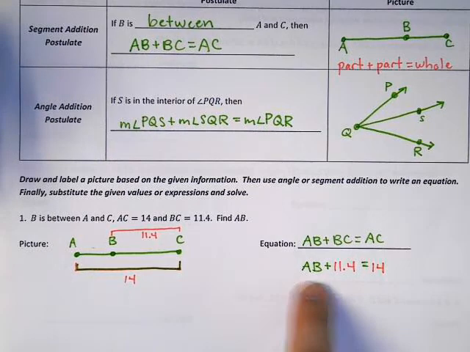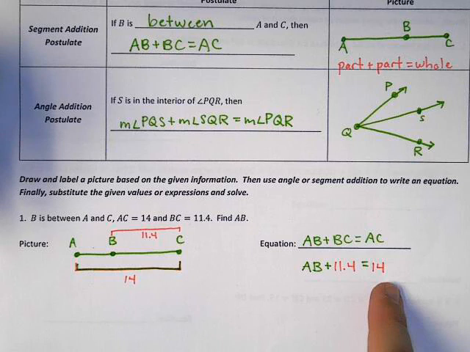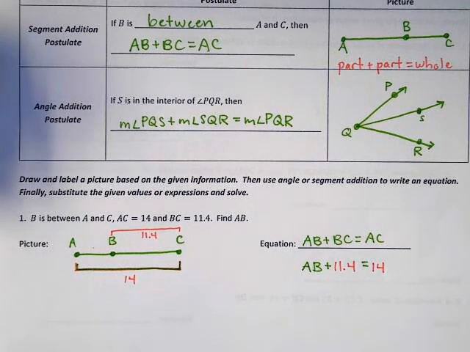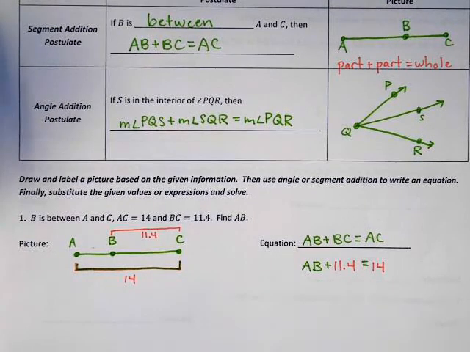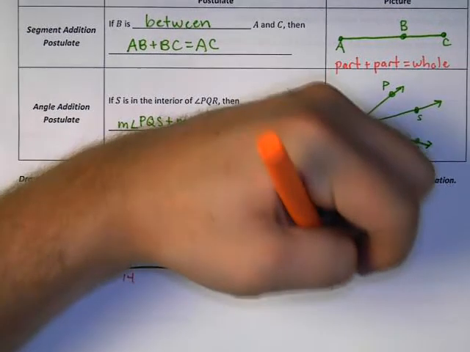So, oh my gosh, what do we have here? We have an unknown, or a variable, plus 11.4 is equal to 14. Oh my gosh, guys, what is this? This is Algebra 1. This is a one-step equation. What do I do if I want to get AB by itself? Well, I just take away the 11.4 from both sides.